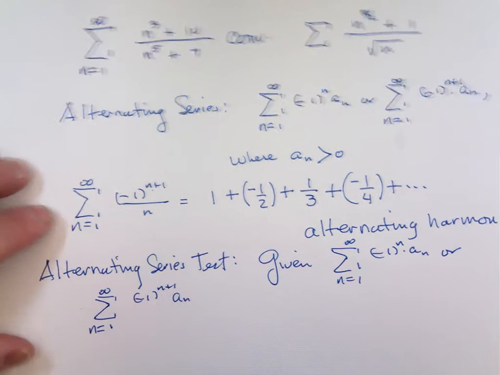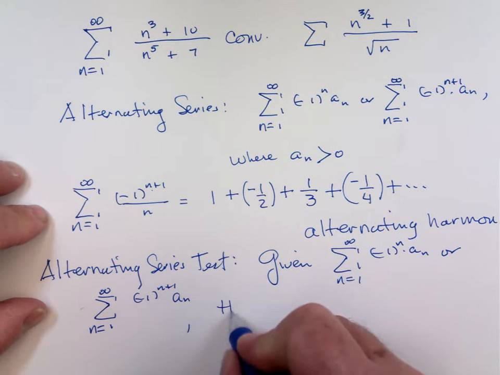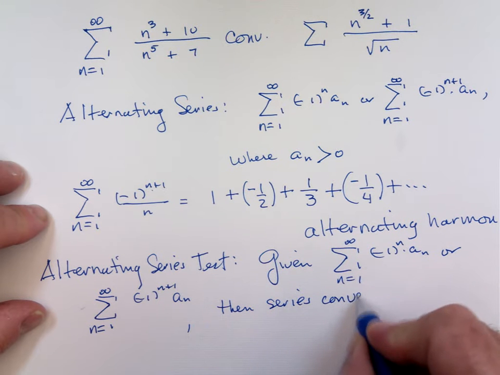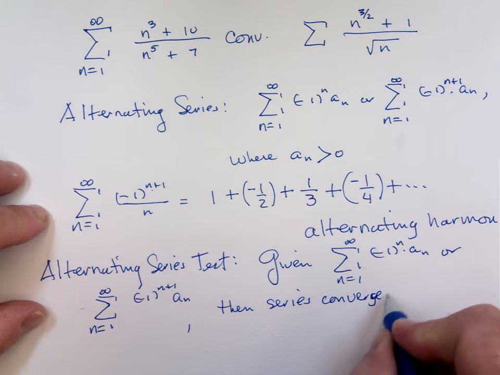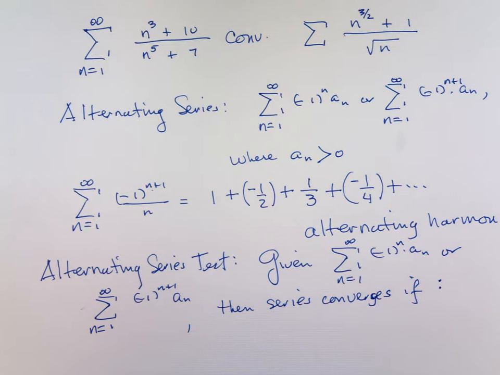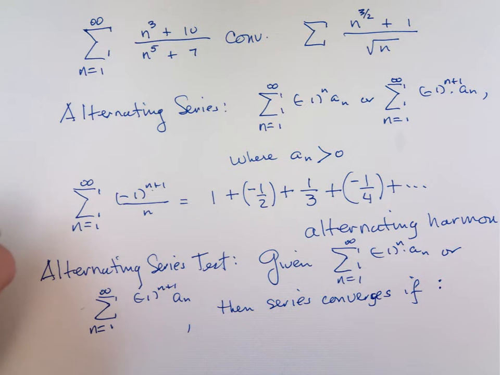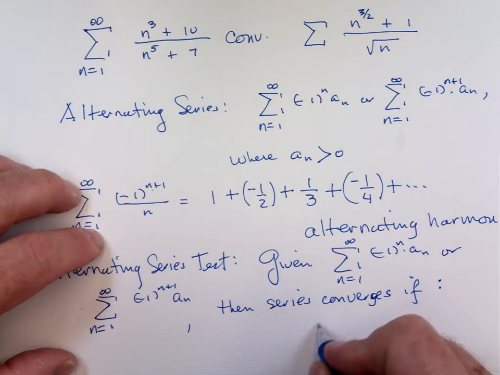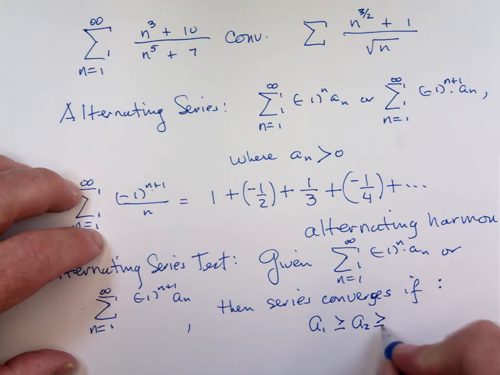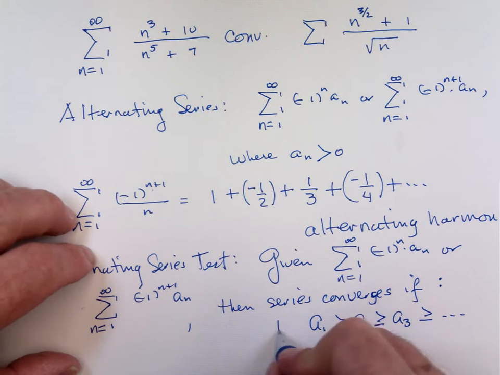Given that series, the series converges if two things must happen. The terms must not be increasing ever. A sub 1 is greater than or equal to A sub 2, which is greater than or equal to A sub 3, etc. That's the first condition.